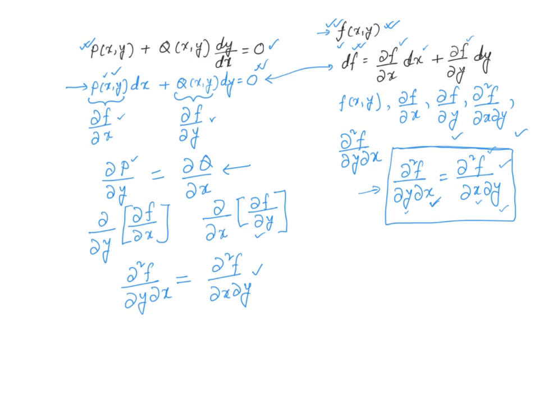Hence, our condition for the existence of a solution to this exact differential equation must be: del P over del y is equal to del Q over del x. That is what we need to show.